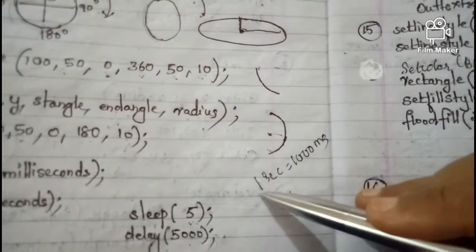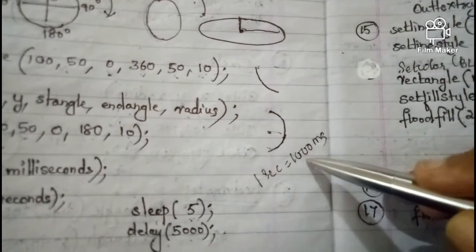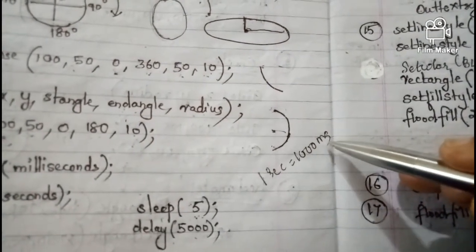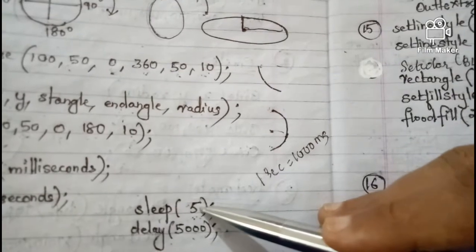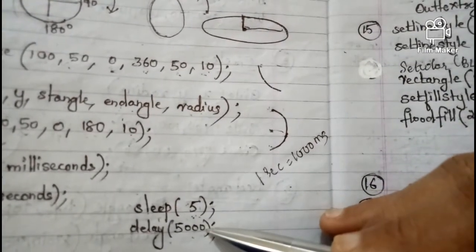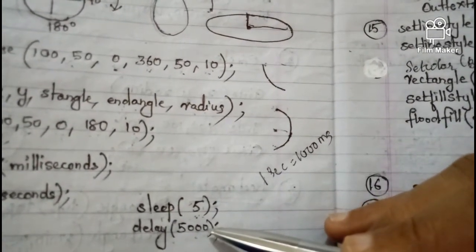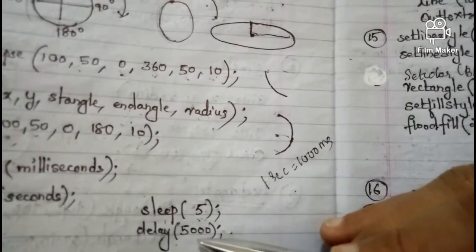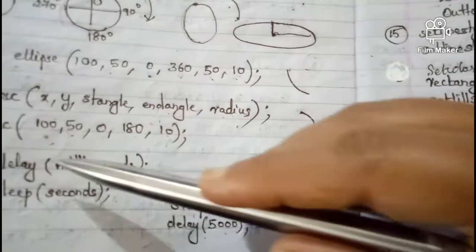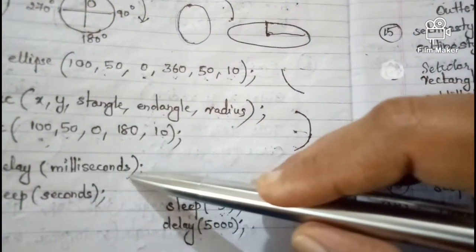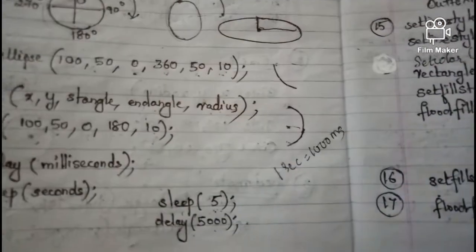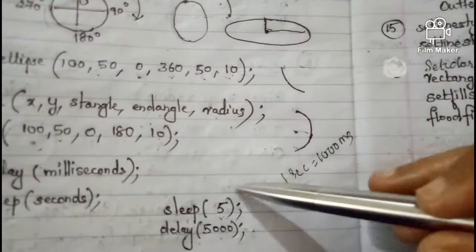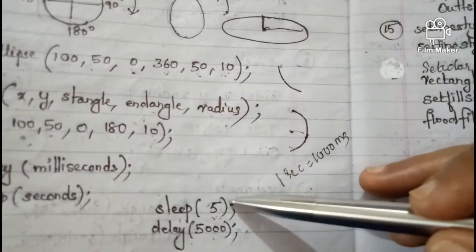We know that 1 second is equal to 1000 milliseconds, and therefore 5 seconds is equal to 5000 milliseconds. So if I want to stop the execution for 5 seconds, I must give it as 5000 because delay function accepts arguments only in milliseconds and sleep function accepts argument in seconds.